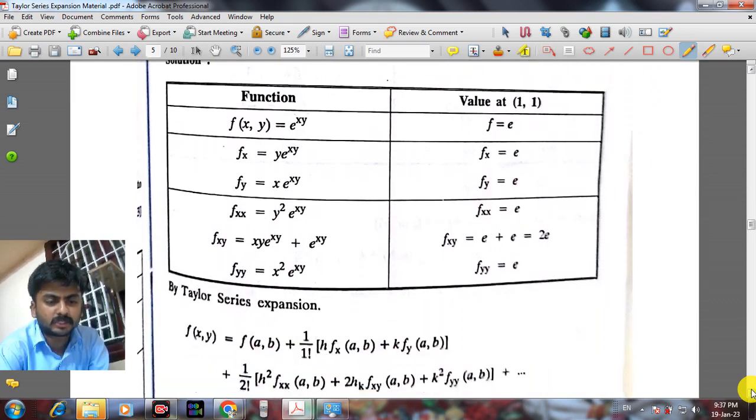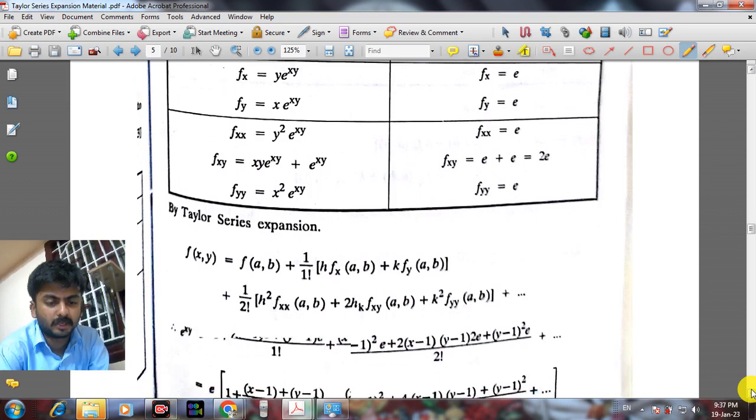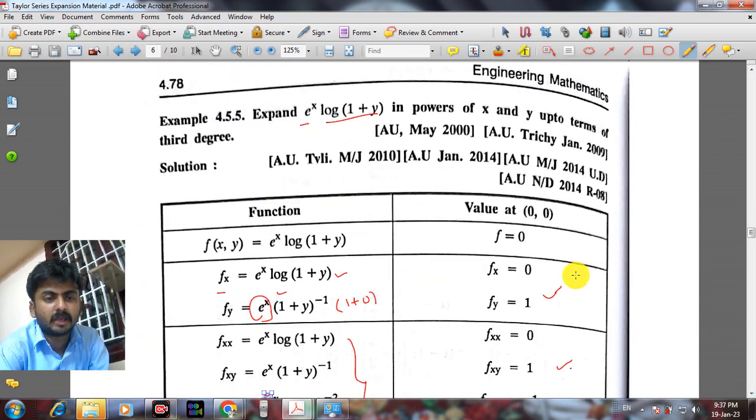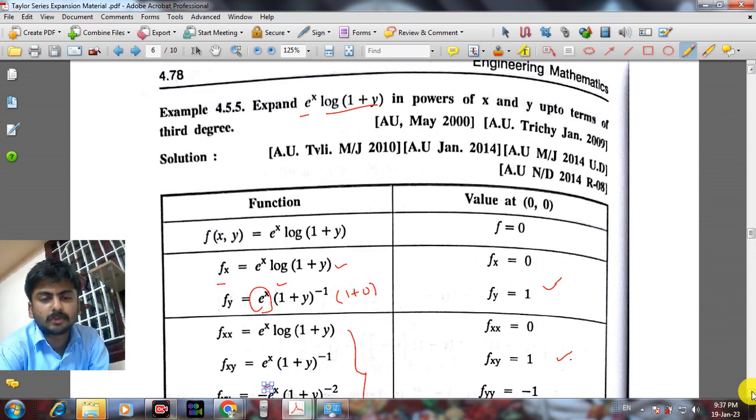So what is our a and what is our b? They have not mentioned what a and b are. So we have to take the values of a and b as 0, 0, as in the second subdivision of the first problem.